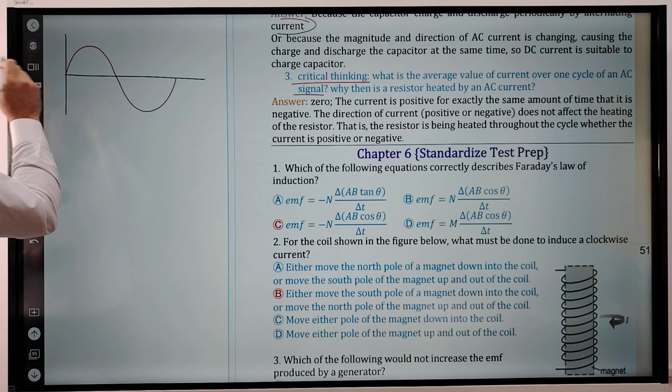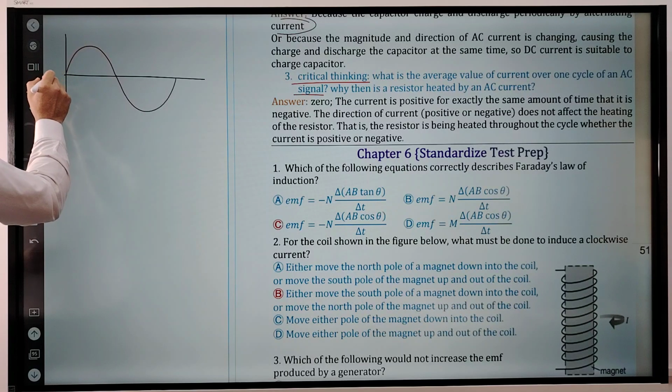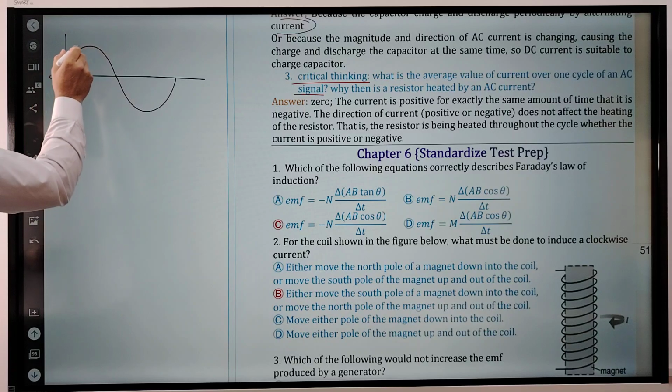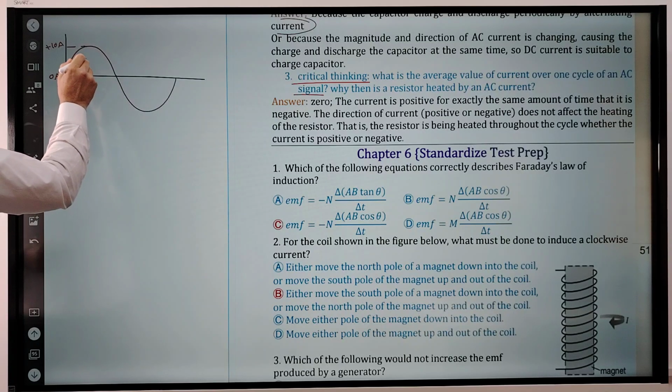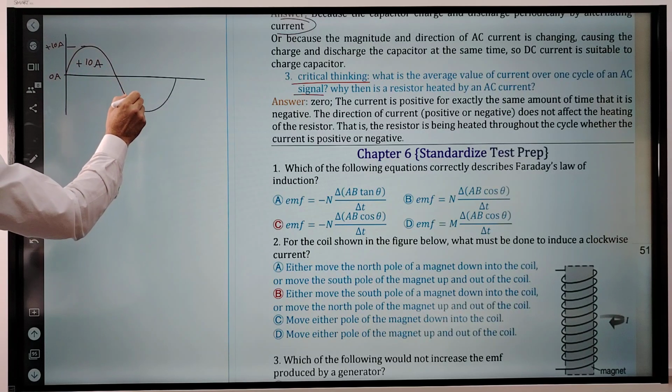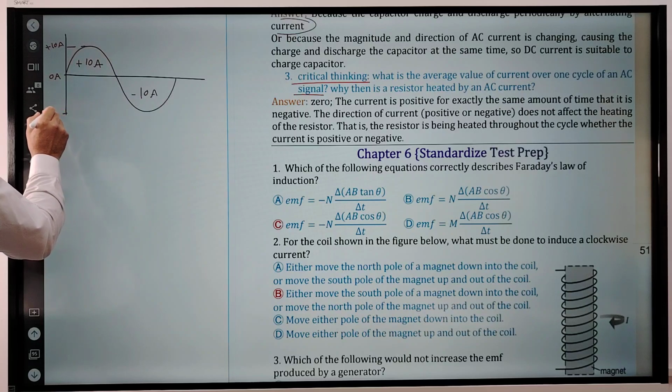But why? For example, the value of the current here is 0 ampere, and assume that here it is positive 10 ampere and here negative 10 ampere. Okay?